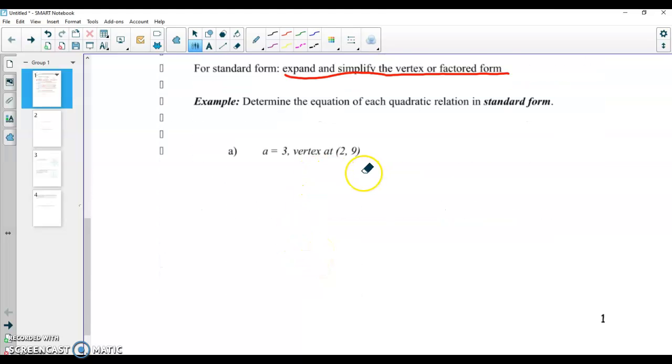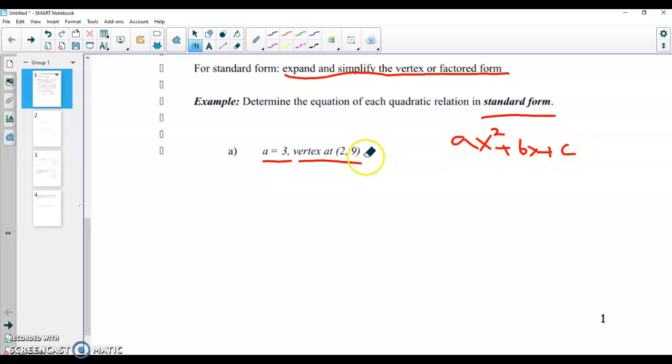Here we have some information provided to us. We have the a value provided to us and the vertex value provided to us. Because we have the a value and the vertex, we can figure out what the equation is going to be. We want to write the equation in standard form, but we don't have enough to do that right now, because we know that the standard form is ax squared plus bx plus c.